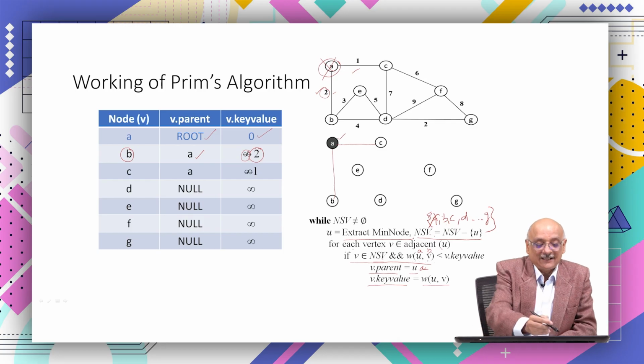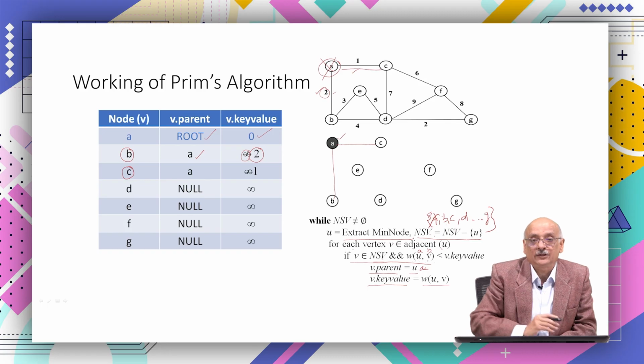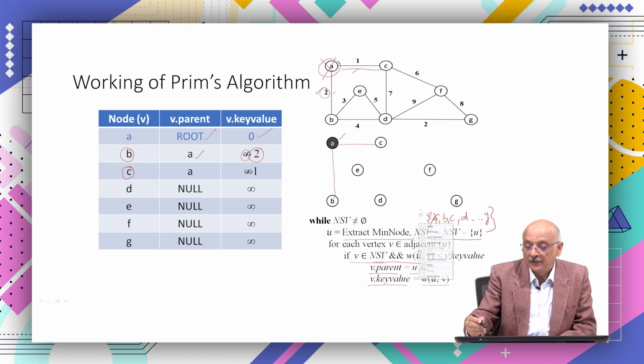All right. Let's do it for C. Now for C, C is also adjacent to A. Is C part of the not selected group? Yes, C is also part of the not selected vertices. So what we find in C now? This condition, and is this weight less?